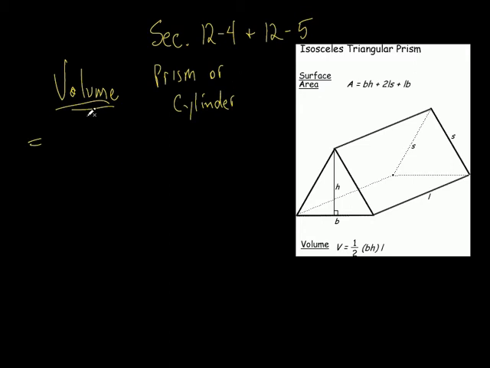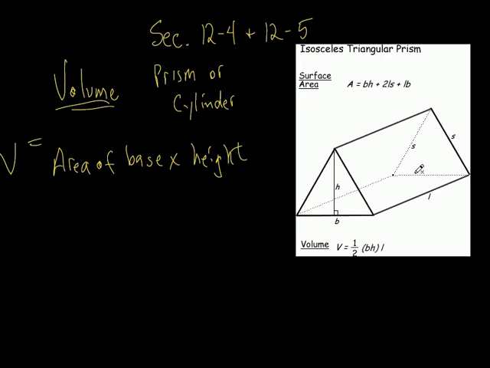When you do the volume, you find the area of the base times the height, and that's it. That's the volume of a prism or a cylinder. You take the area of the base and multiply it by the height.